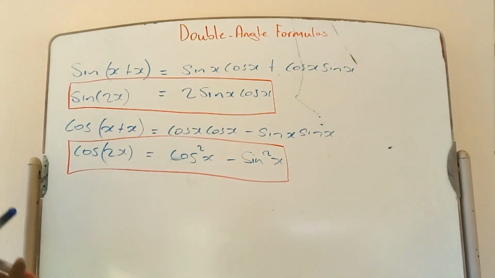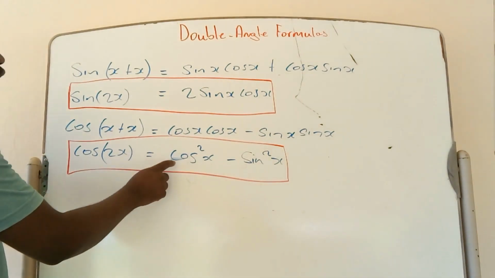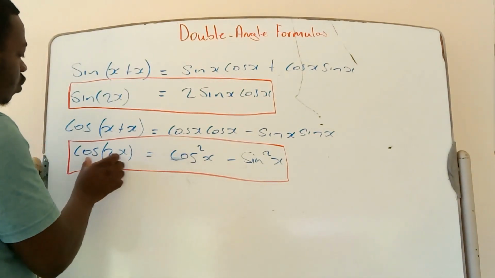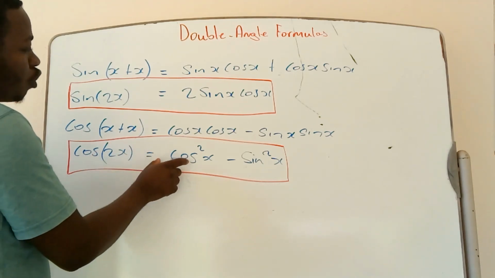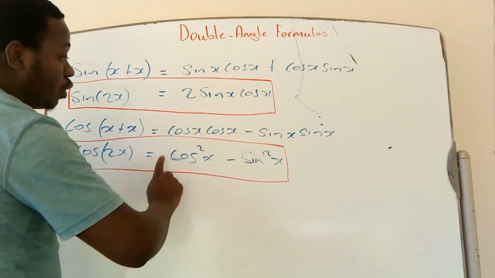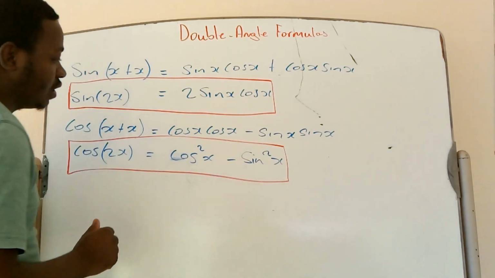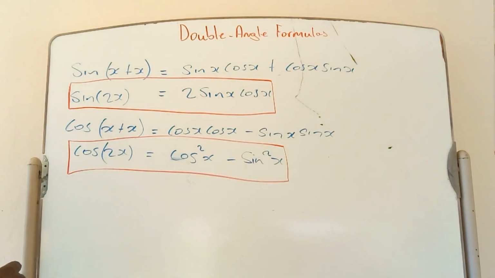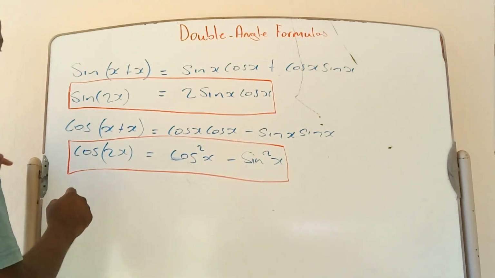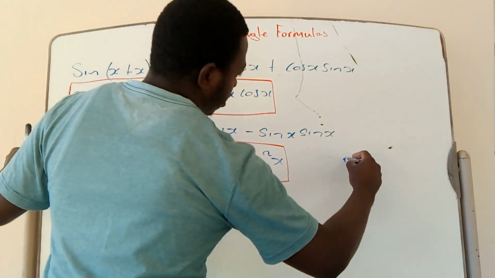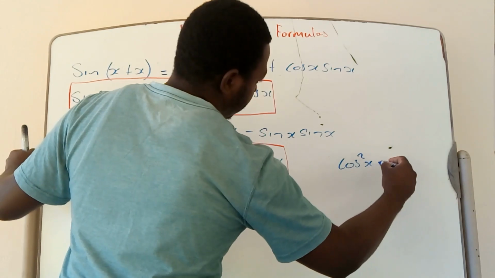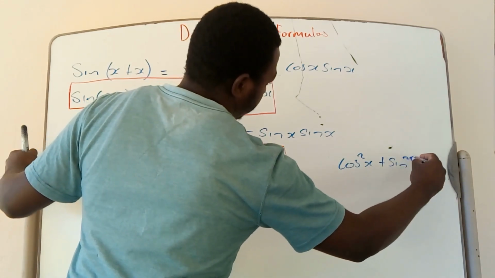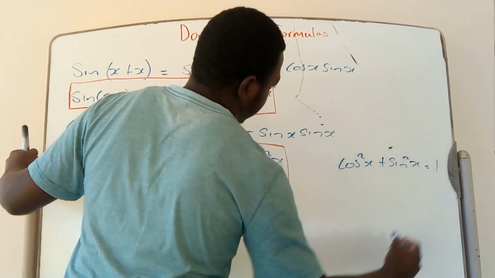Now, let's say that you only want this cos 2x in terms of cos. You only want this side to be in terms of cos. How do you think you could go about doing that? Now, you know that cos squared of x plus sine squared of x is equal to 1.